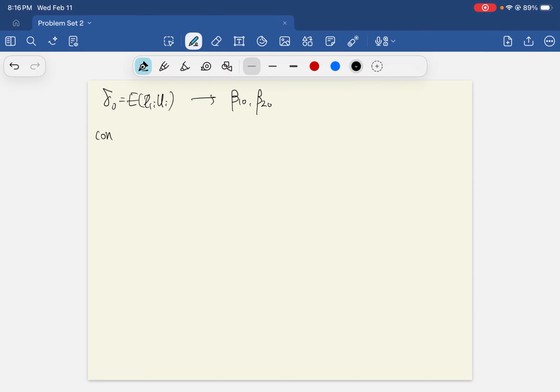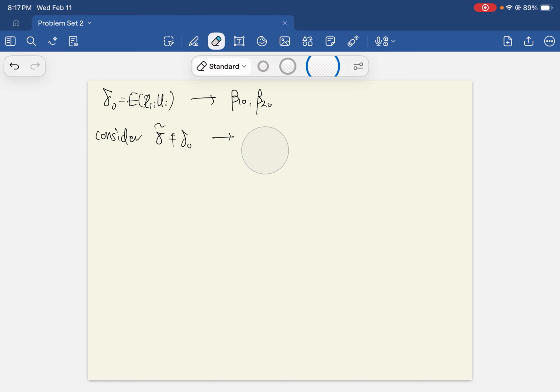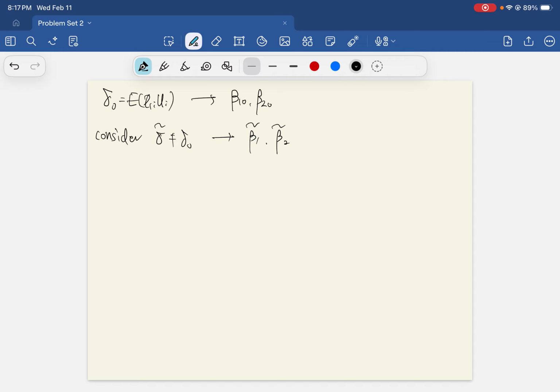Now I will choose any delta tilde that is different from delta 0, and then you will be able to find different values, observationally equivalent, of beta 1 and beta 2.